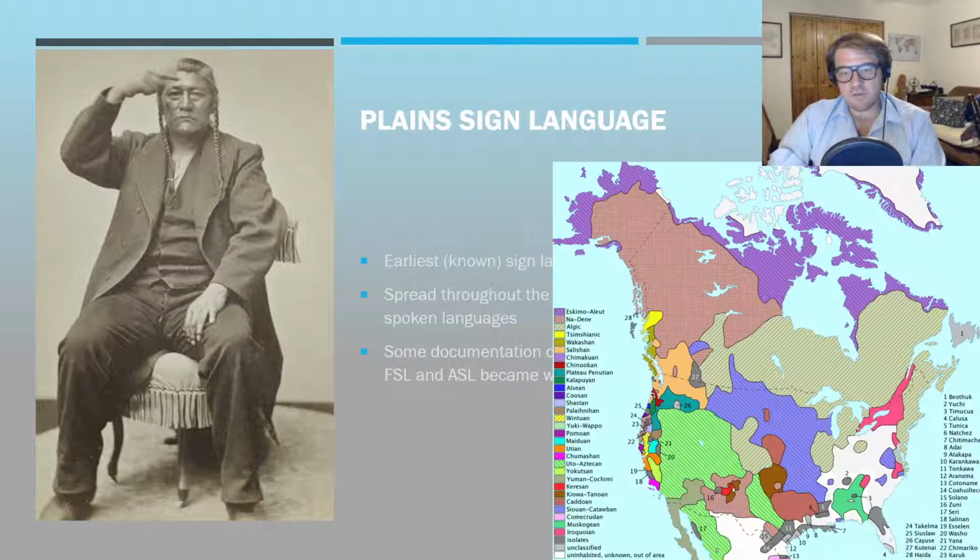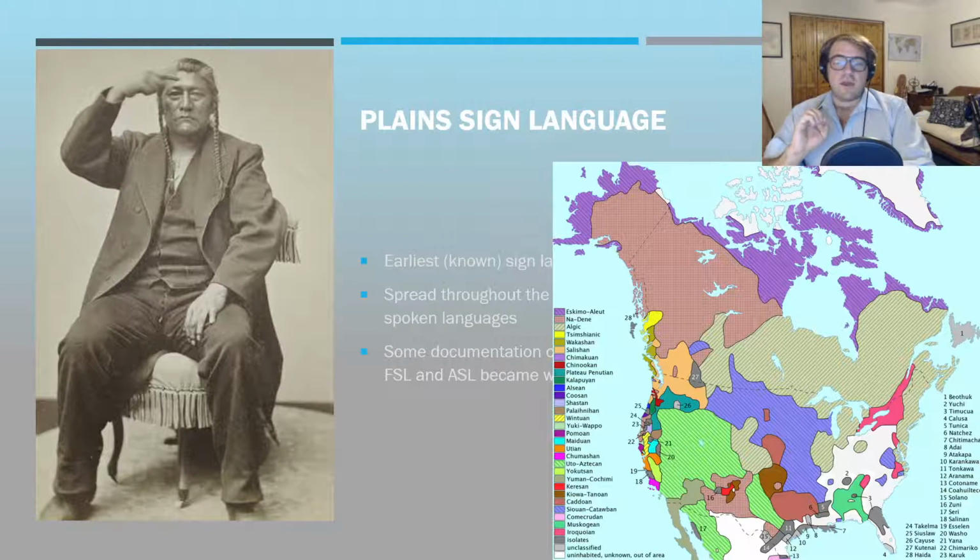So let's take a look at this map really quickly. This is North America, pre-European colonization, and the spread of different Native American languages. Like a ton, right? There's a whole bunch of different ones. Some of them are close to being dialects of others, but there are at least four different distinct languages here that you would not be able to even start to approximate what someone else was saying.